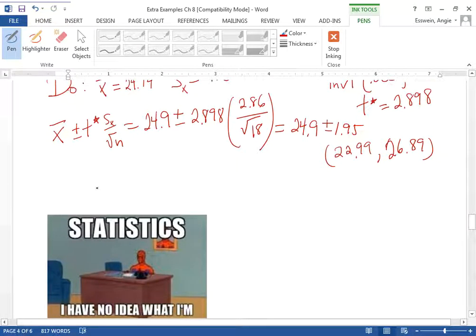So we have to write the conclusion properly for our 4 steps.